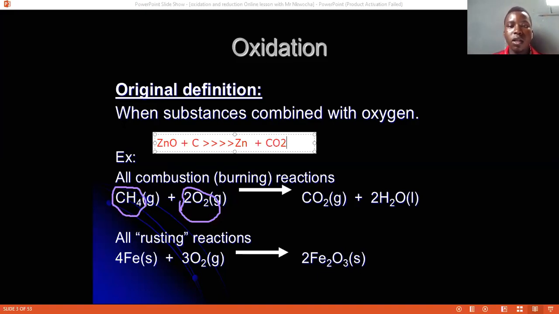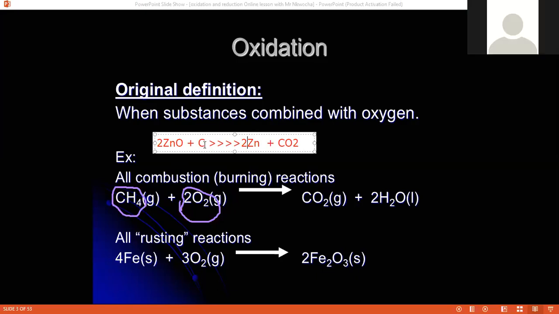If you look at this reaction, you discover that this is another example of an oxidation reaction. Here, the zinc oxide was having oxygen, but carbon has taken the oxygen. So zinc oxide is the one that is donating the oxygen, so zinc oxide is described as the oxidizing agent, while carbon, the one that's receiving the oxygen, is described as the reducing agent.